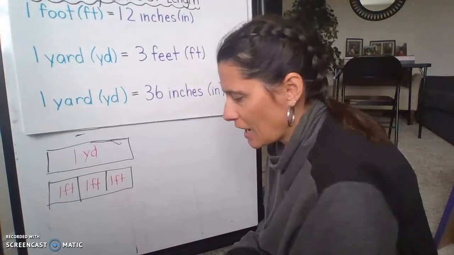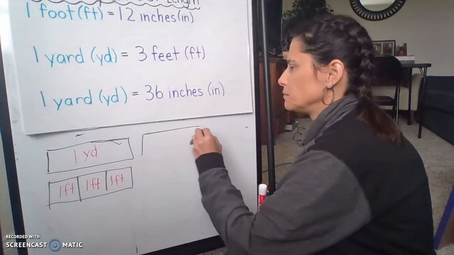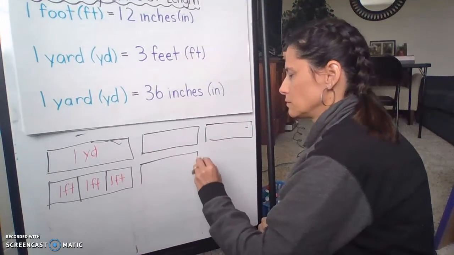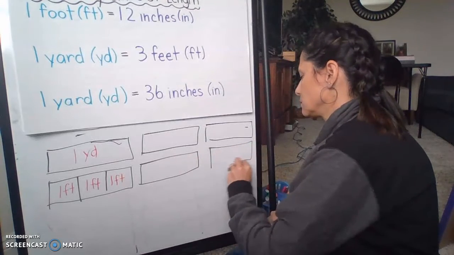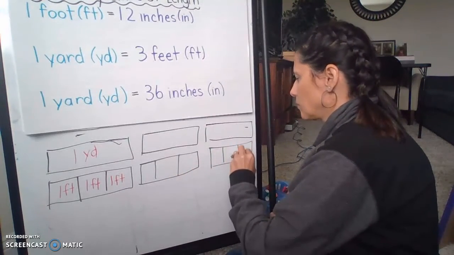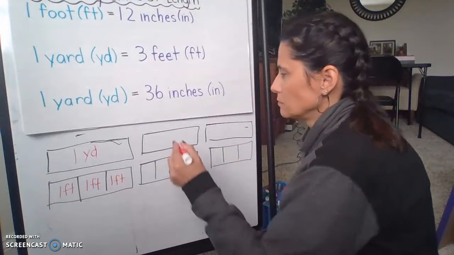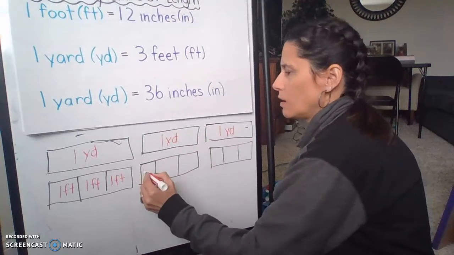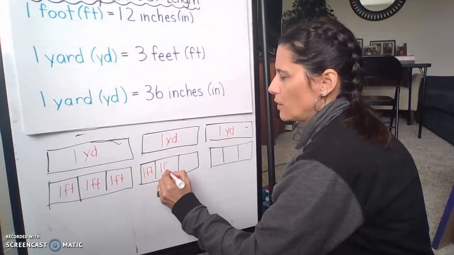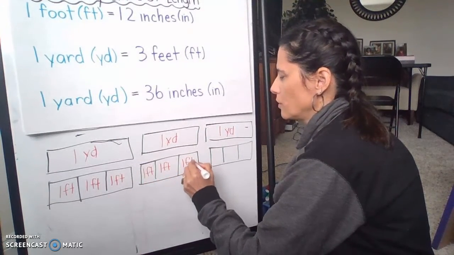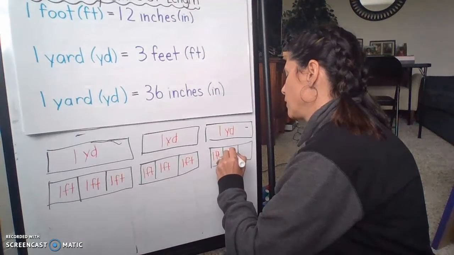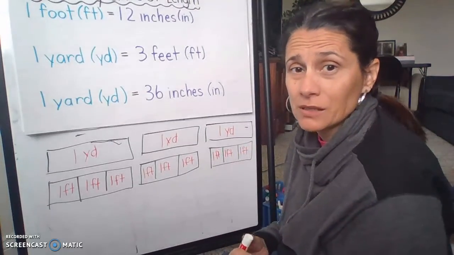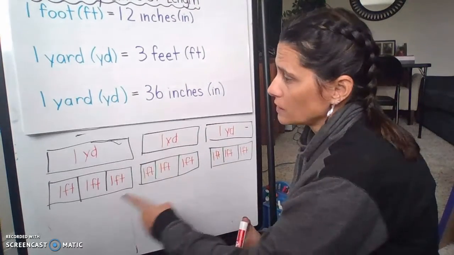So that means if I had 3 yards, this is another yard, this is another yard, 1 foot, 1 foot, 1 foot, 1 foot, 1 foot, and 1 foot. So that means that those 3 yards equal, let's see how many feet.